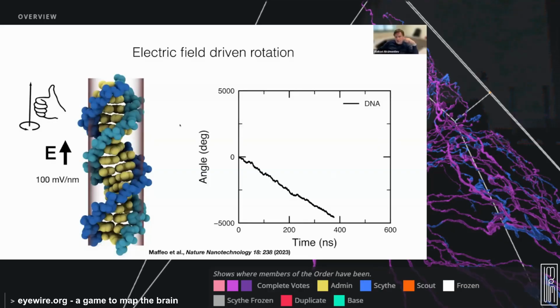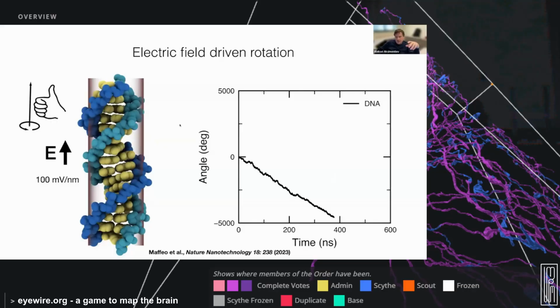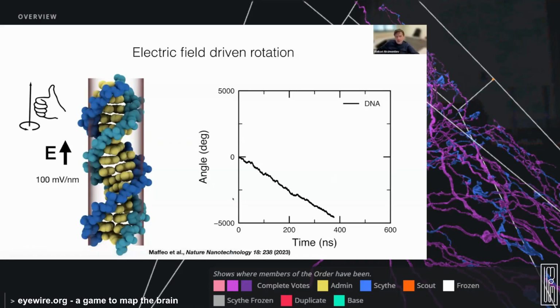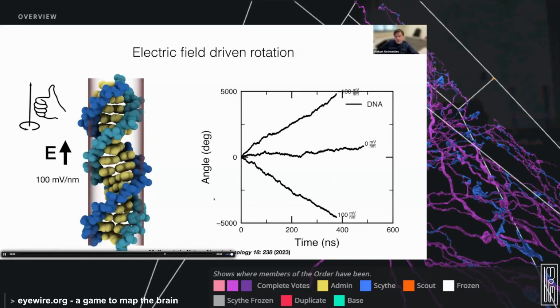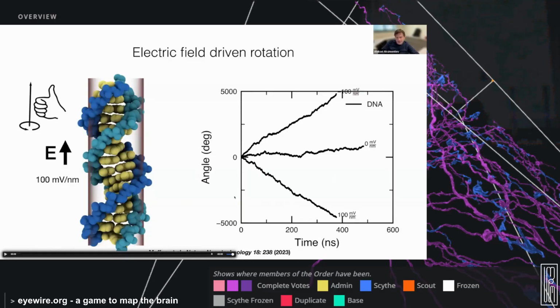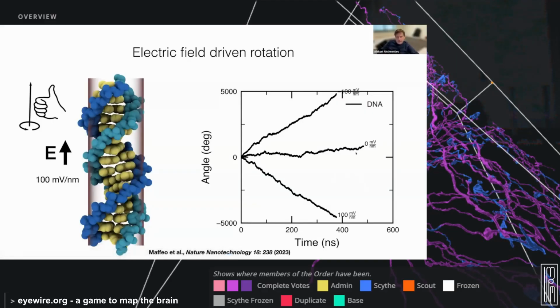So if we plot the angle of rotation versus time, it just goes in one direction. Pretty steady state rotation. If we change the direction of the field, it rotates the other way. And most importantly, if you don't apply any field, it doesn't rotate deterministically, it just undergoes a stochastic rotary motion.